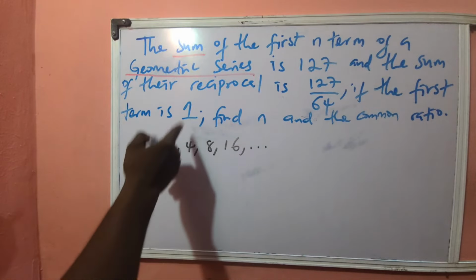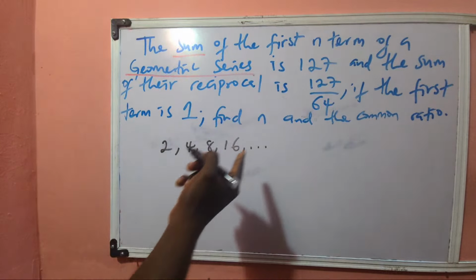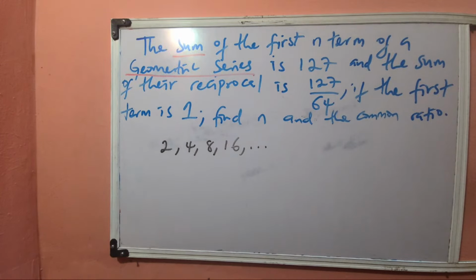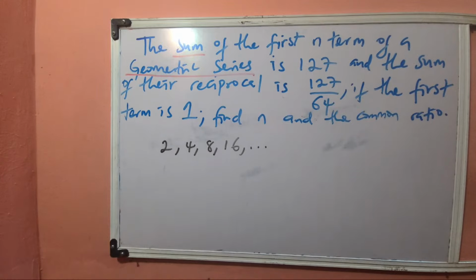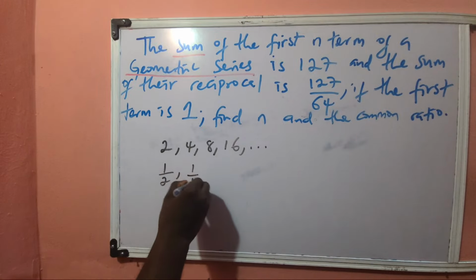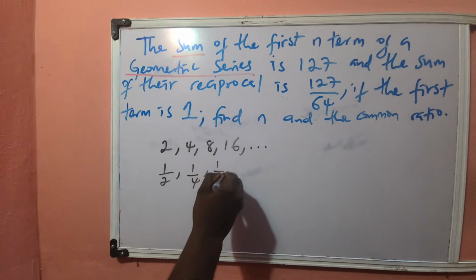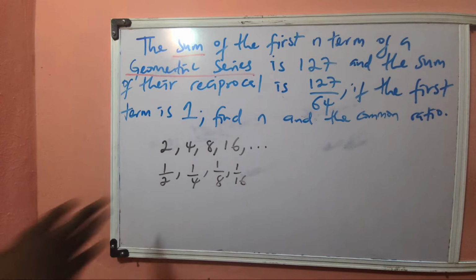Imagine this was the initial geometric series of which the sum was 127. The next detail is saying the sum of their reciprocal. That means reciprocal now will be 1 over 2, 1 over 4, 1 over 8, 1 over 16. All right. So this is the meaning of that.